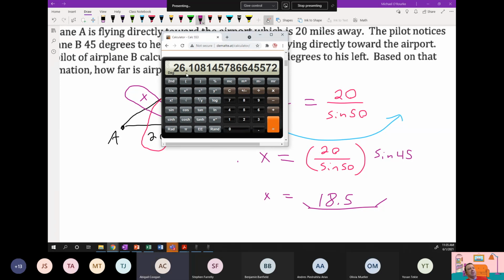Do you have this number, 26.1? Yes. Then times 45, press sine, and then equal. Oh, I don't think I pressed equal. Yeah, you have to press equal. Like on these calculators, after you do the calculation, you have to press equal. Okay?